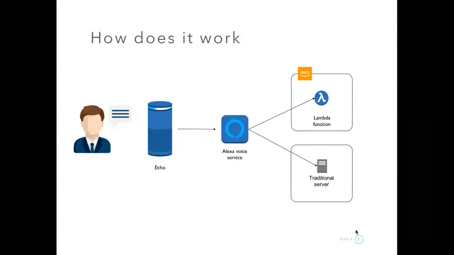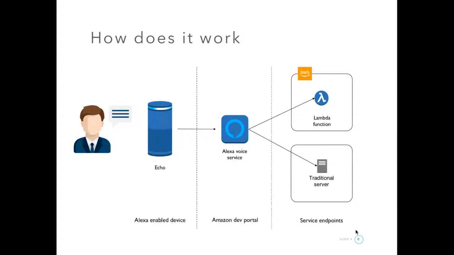Alexa Voice Service does some magic and identifies which Lambda function to execute, and it calls that Lambda function. If you are in the AWS world, but it's not required that you always write the code for Alexa service in AWS. You can also have your own HTTPS server that can be configured so that Alexa Voice Service can identify it.